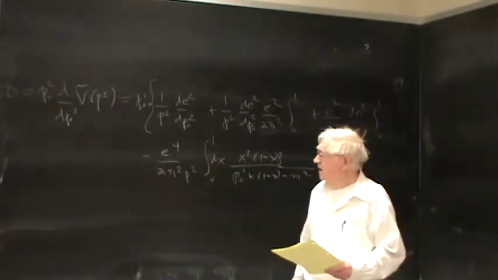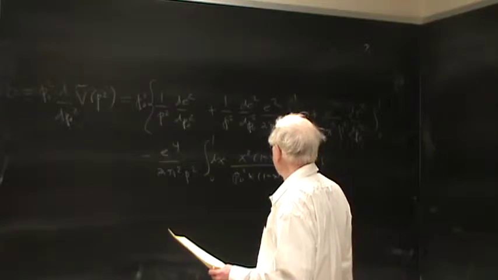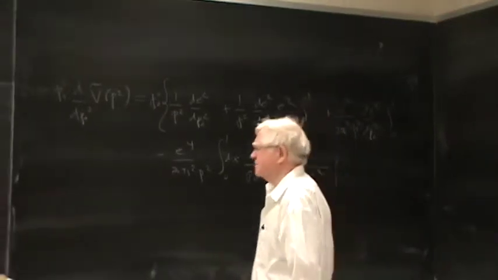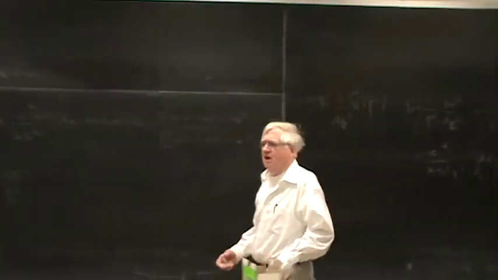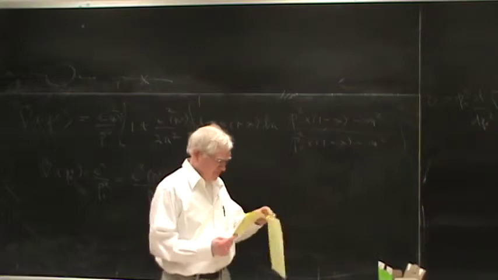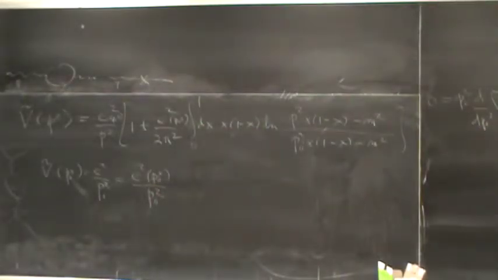And I'm now just a little worried that there doesn't seem to be the 2 that I was missing. You're missing a 2p. Oh, I differentiate with respect to p0 squared. Okay, so duh. Okay, so that's basically the expression.